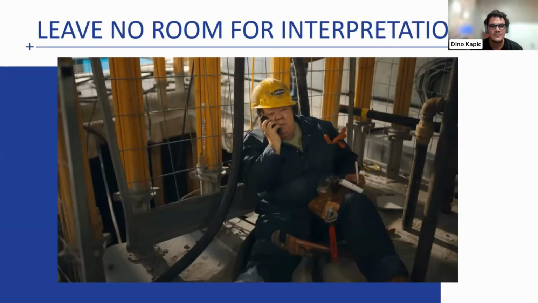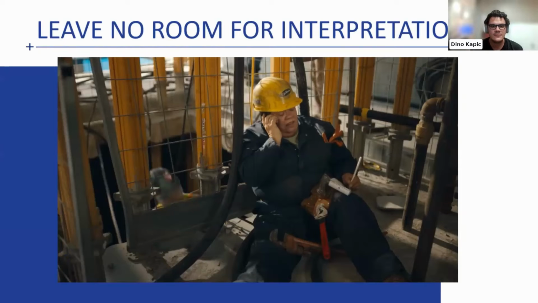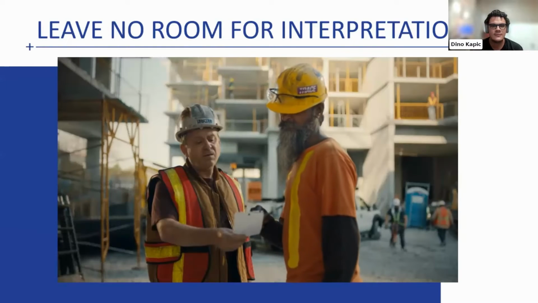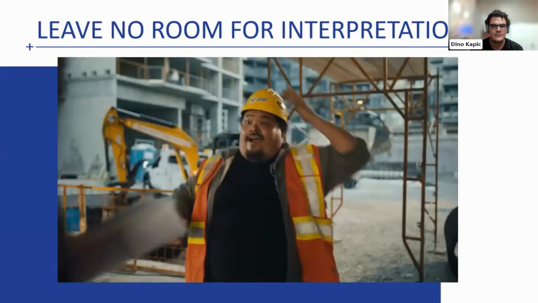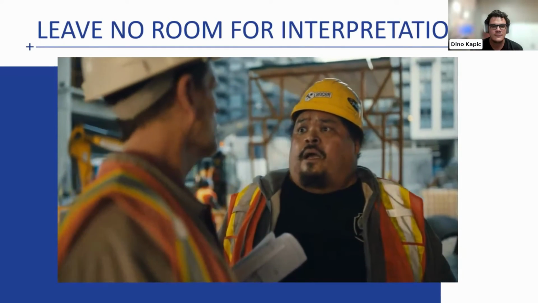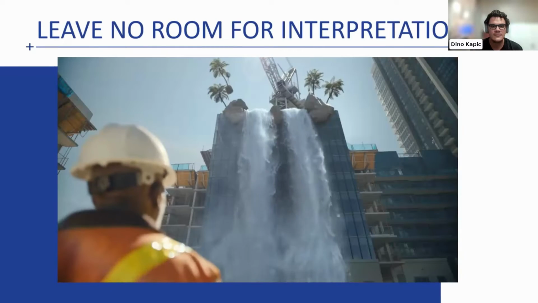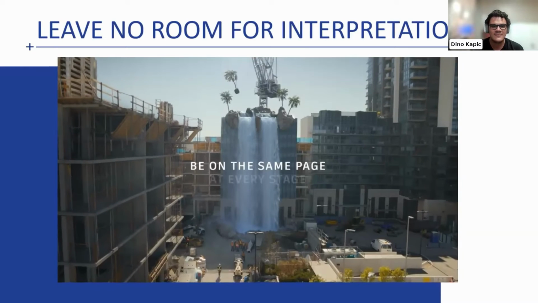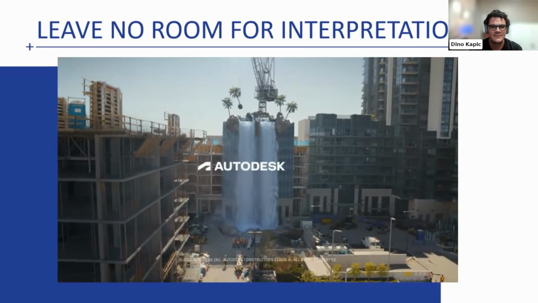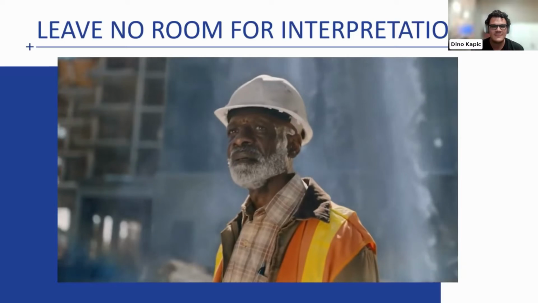Yeah, the pipe's too small. Recall. Hexagonal. Horizontal? Greg! Greg! We need to install a waterfall. Cool waterfall. Be on the same page at every stage with Autodesk Construction Cloud. Where's Paul?